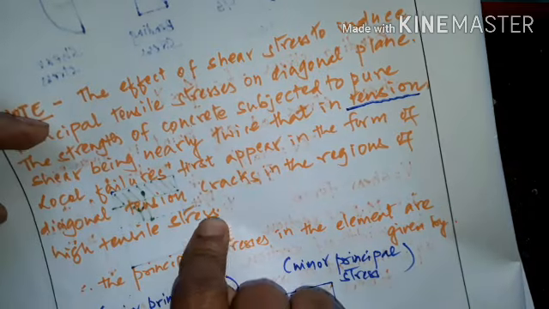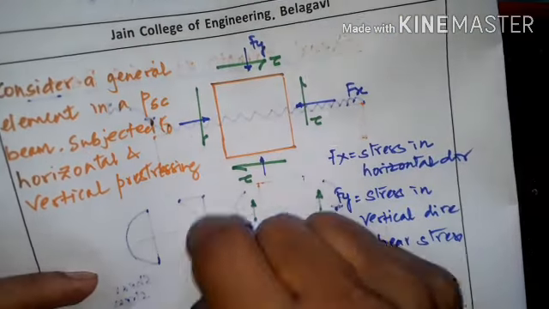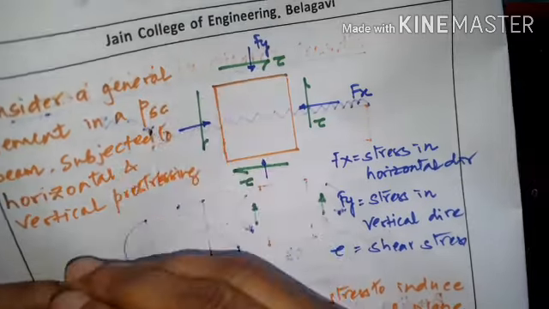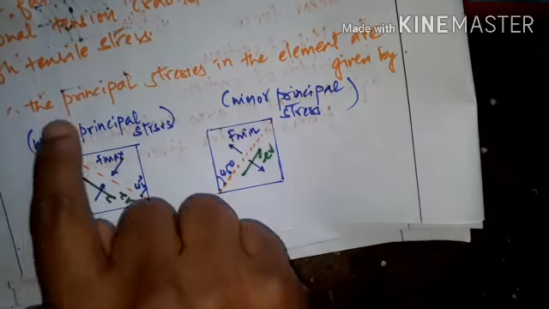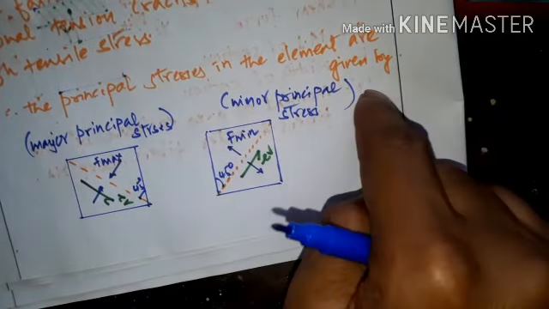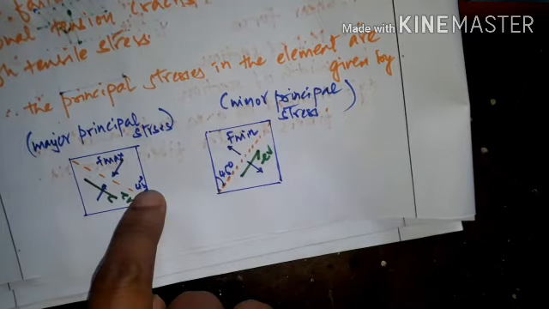Whatever forces develop in the beam are transferred over the diagonal plane, that is at an angle of 45 degrees. I can explain here. The principal stresses in the element are given when it is transferred over the diagonal plane at an angle of 45 degrees.